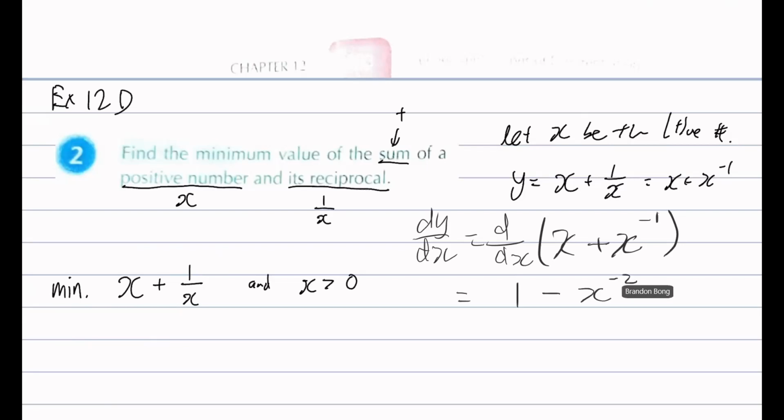Yep. Find the minimum. So for SP, for stationary points. For SPs. Just use the short form.